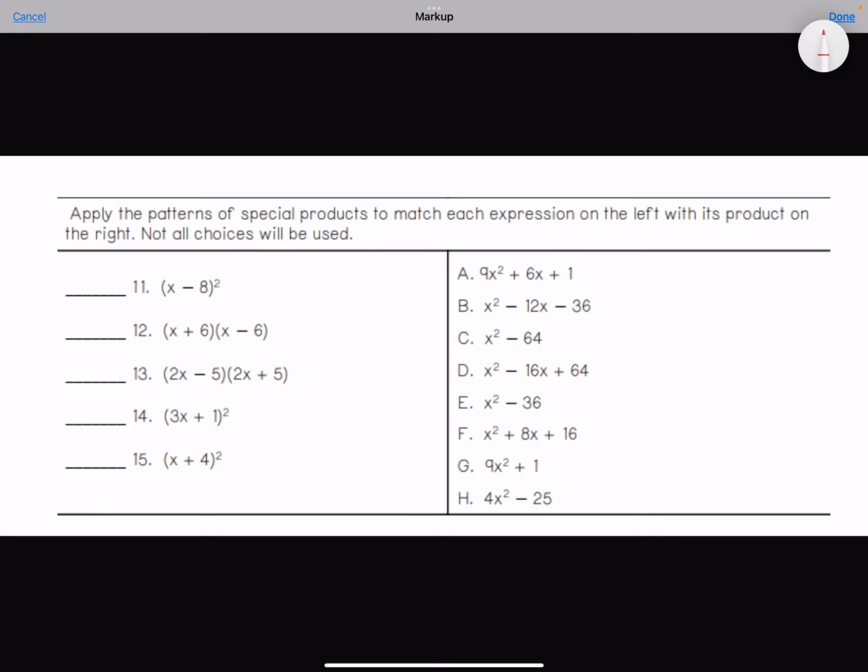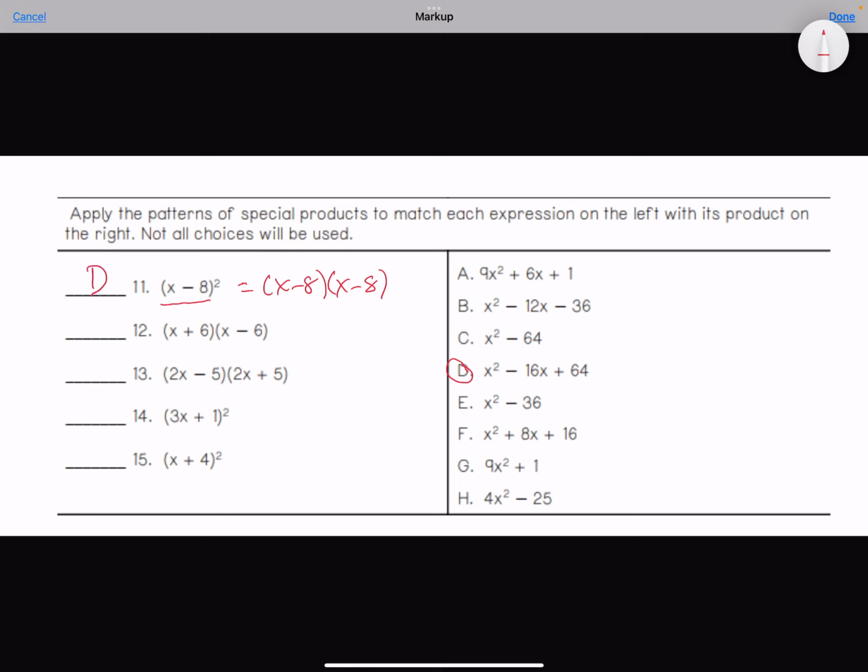So here I have x minus 8 squared, which is the same as this. So that best matches D.